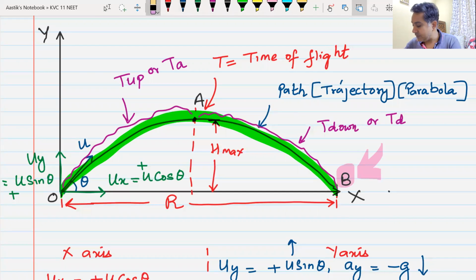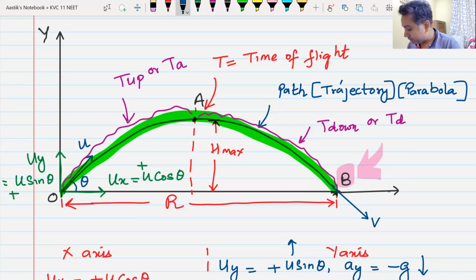Now, at point B, let me extend this line. At point B, the ball is actually falling back. The projectile is falling back with some velocity. Let me call that velocity V.